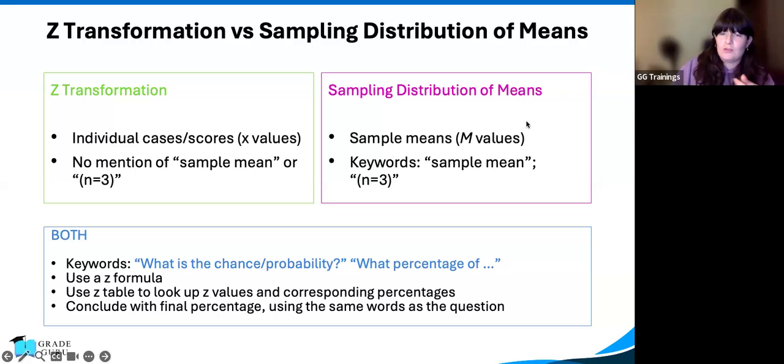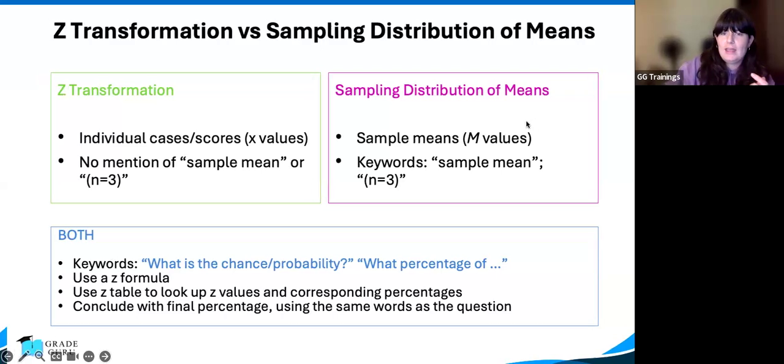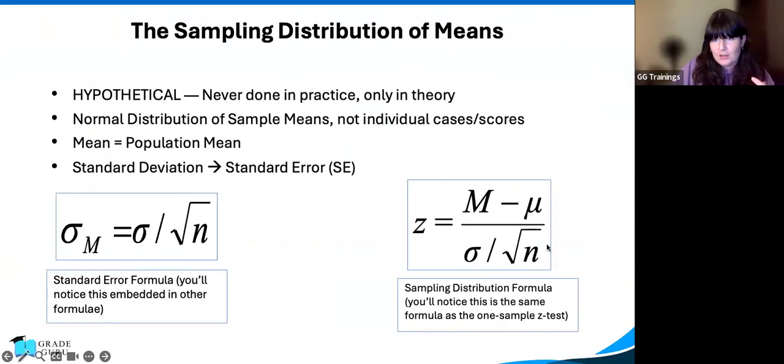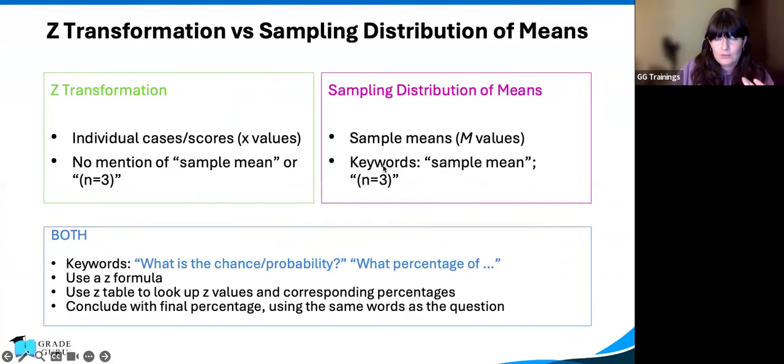For the sampling distribution, you can see that because of standard error, N is in the formula. So you need it, and so they will give it to you. We're going to do a couple of examples later on where you differentiate between these two. Even the word sample, there's no mention of that with the Z transformation. It's all population.